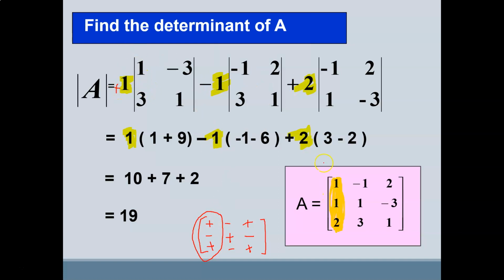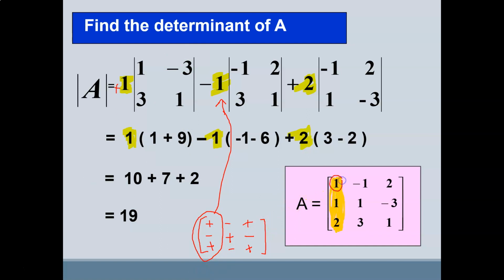So I pick the first column, 1, 1, and 2. It's just that over here we have negative because of this sign. The second column has the operation minus. So, since you have picked the first column, the determinant, you cover this one up.